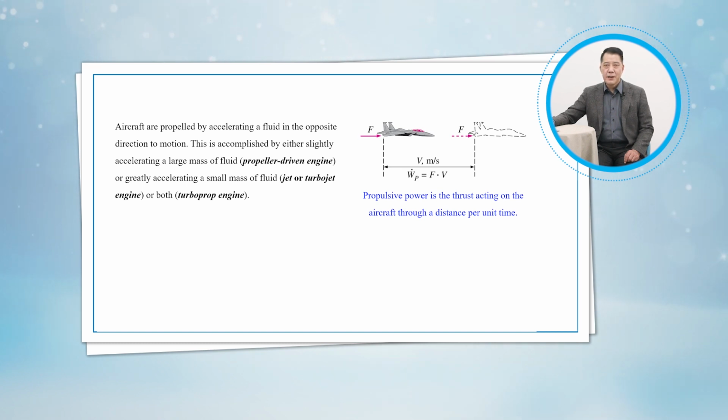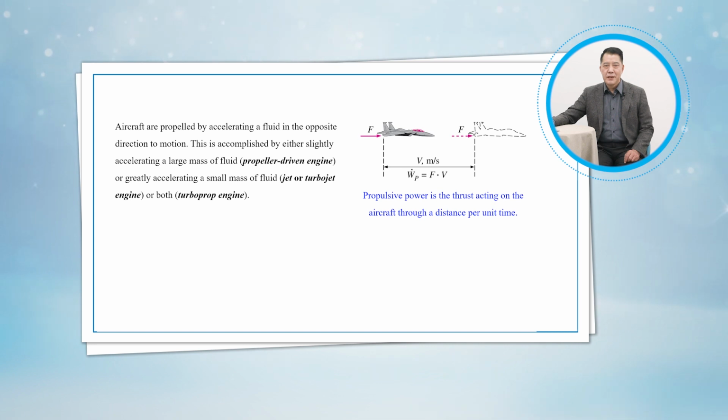A schematic of a turbojet engine and the PV diagram of the ideal turbojet cycle are shown in Figure 10-41. The pressure of air rises slightly as it is decelerated in the diffuser. Air is compressed by the compressor.